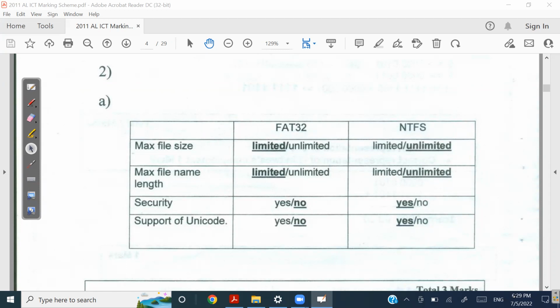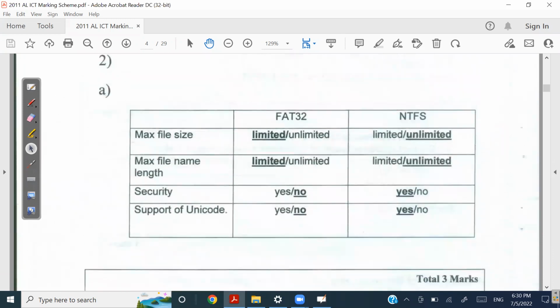For max file name, FAT32 is limited. You can't type after a certain number of characters, but in NTFS it is unlimited. For security, there is no security or minimum security in FAT32, but NTFS has proper security methods. As well as when it comes to supporting Unicode, FAT32 does not support Unicode, NTFS does. These things can be found in your operating system lesson, right? So if you are not clear with those, go through those portions.